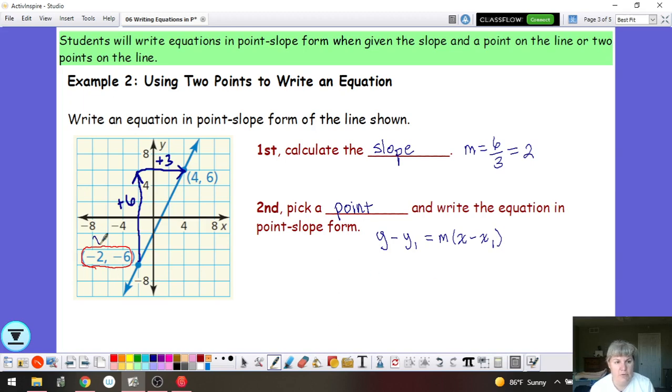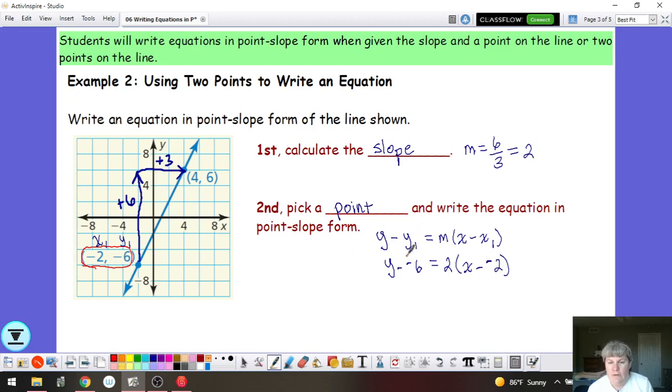So my -2 is my x1, my -6 is my y1. So I'm going to have y minus -6. So the minus is part of the form. My y1 is a -6, equals, my slope is 2, times x minus, my x1 is a -2. Again, the form has a minus in it, and the x1 value is a -2.